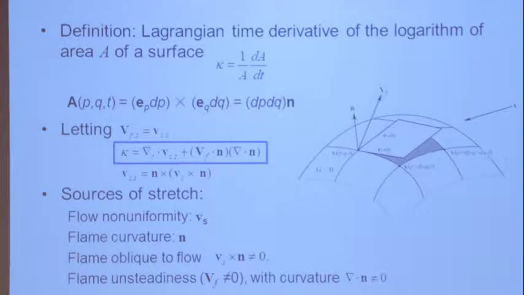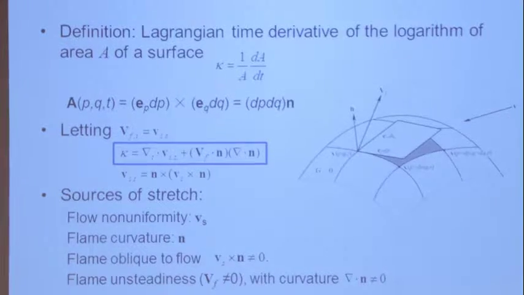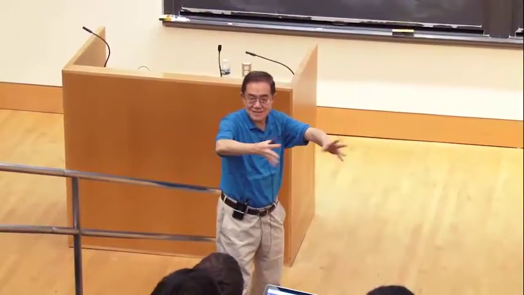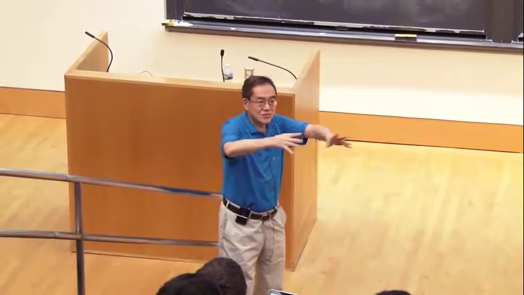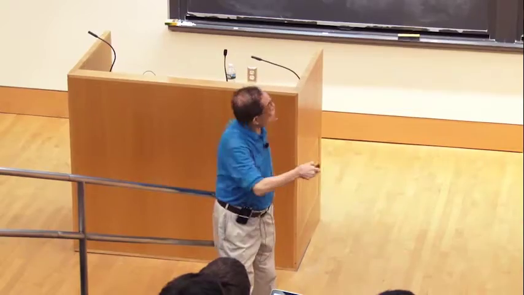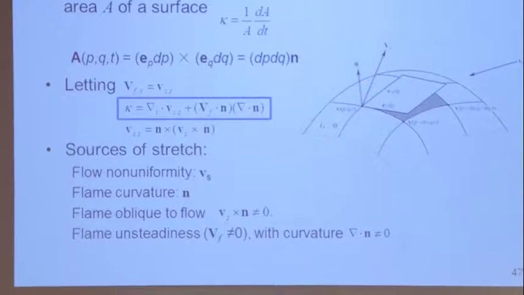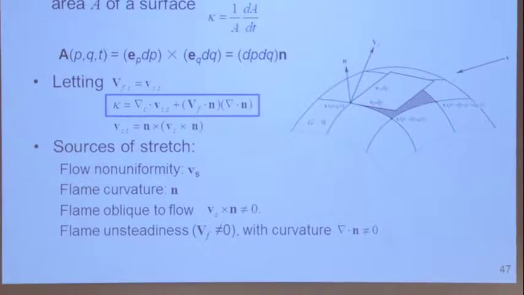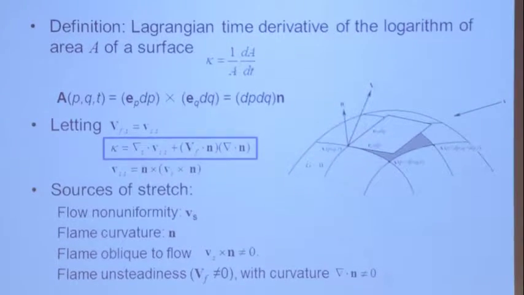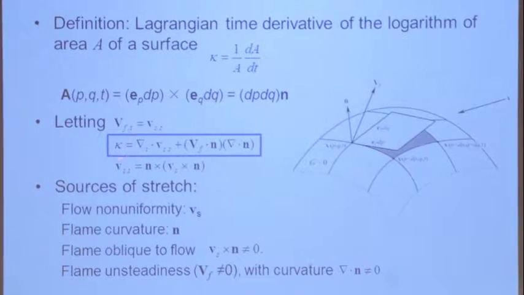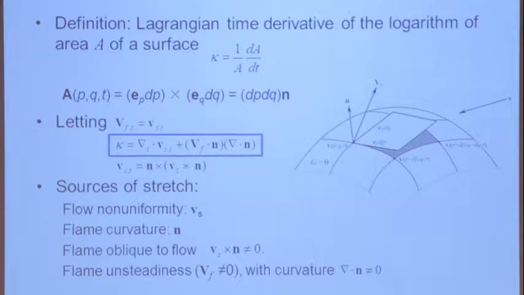The surface area will change because you have a flow, and the flow itself has some characteristics that will move things. So you describe the change of this area by 1/A dA/dt, and then you can do a calculus derivation of the unit surface vector. Then you end up with this general expression. I'm not going to go into it.